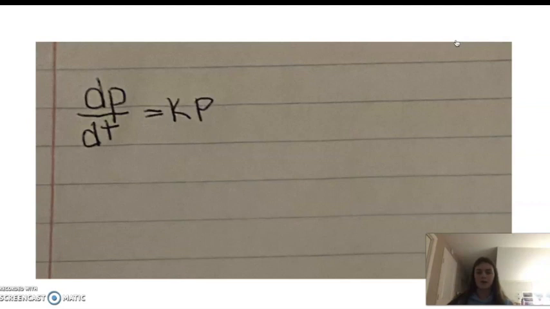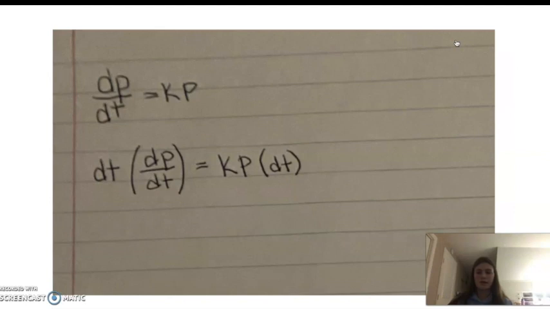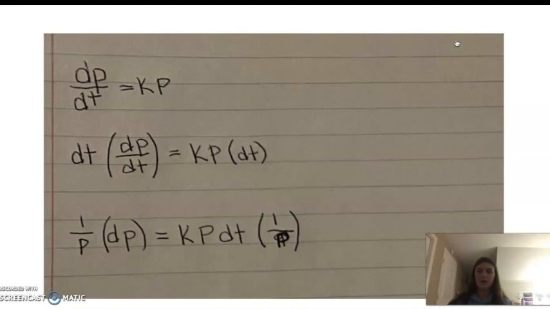So here's our original equation, dP/dt = kP. And like any differential equation, we want to get all the P's on the same side. So first we can multiply by dt. When we do that to both sides, we're left with dP = kP dt.